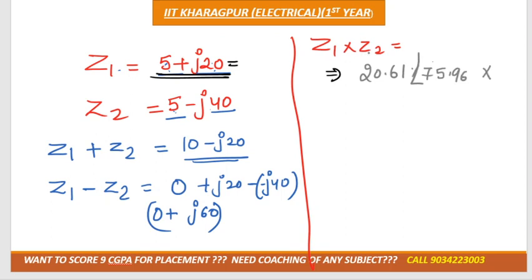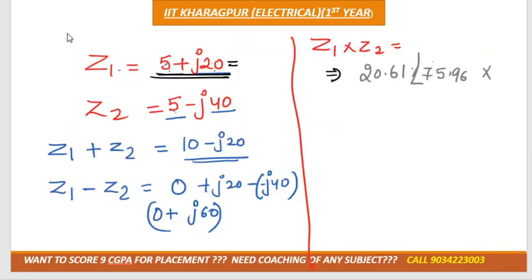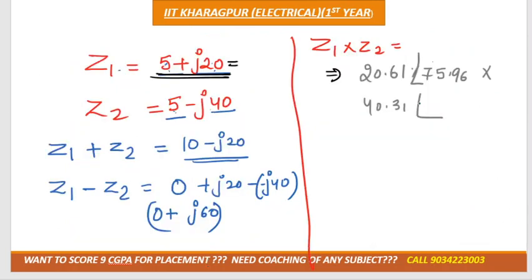This is Z1, right? Now we'll calculate Z2. Z2 is how much? 40.31, angle minus 82.87. Understood?